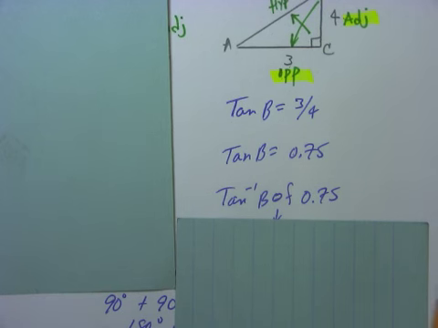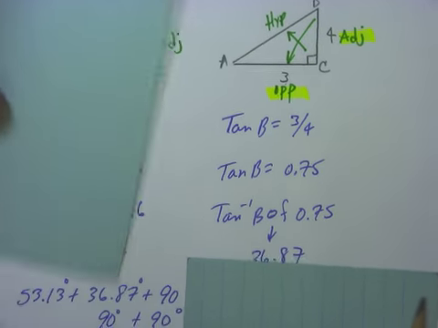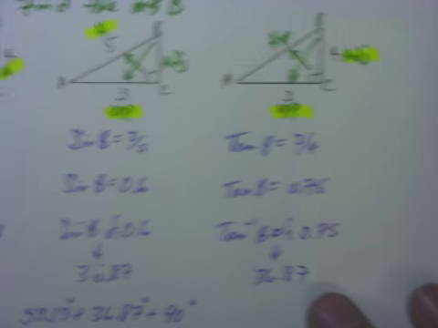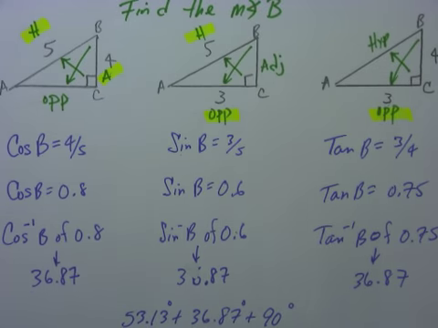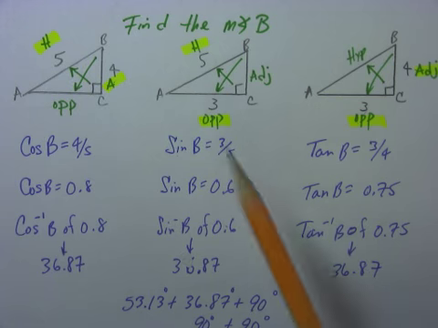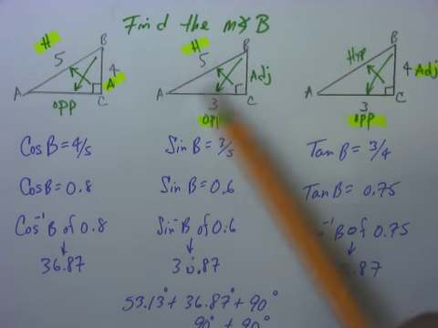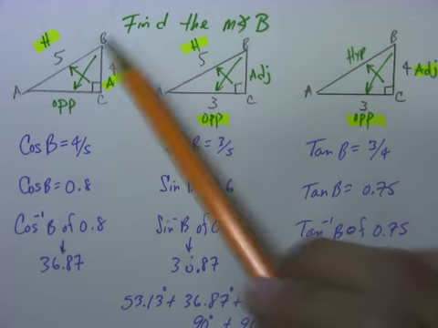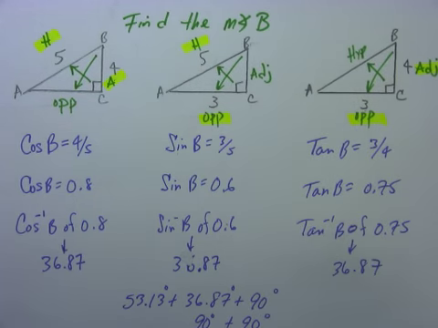So the tangent of B is going to be 3 over 4. That's going to give me a decimal of 0.75. I'm going to want to use the inverse function of 0.75, and when I do that, guess what I get again? 36.87.